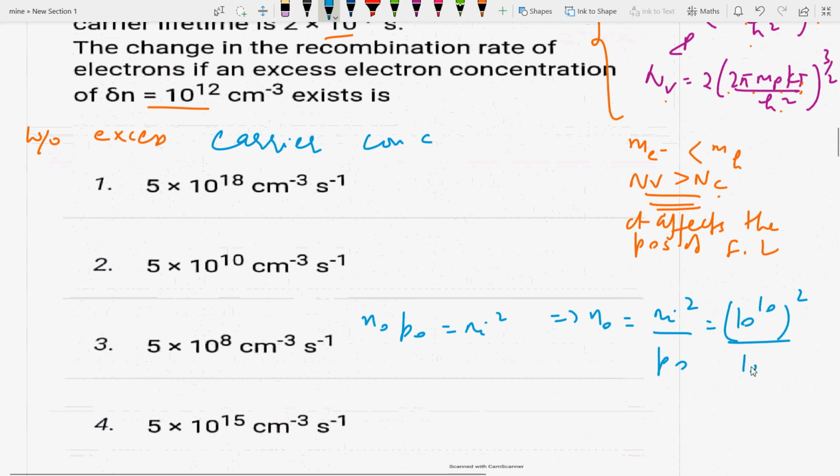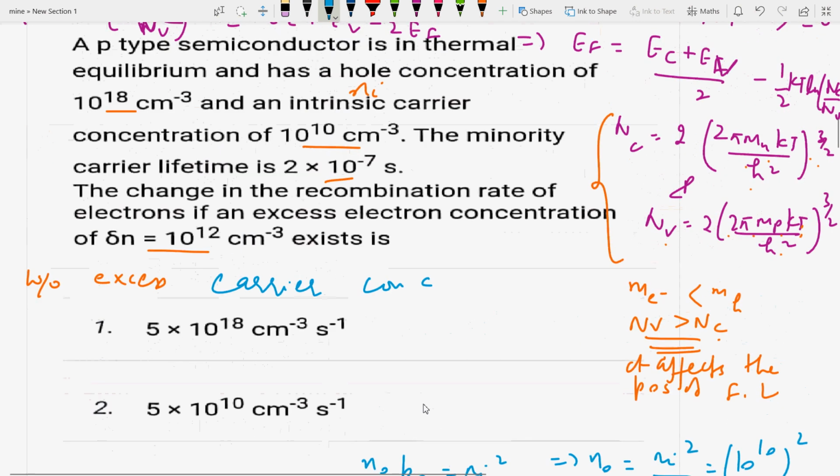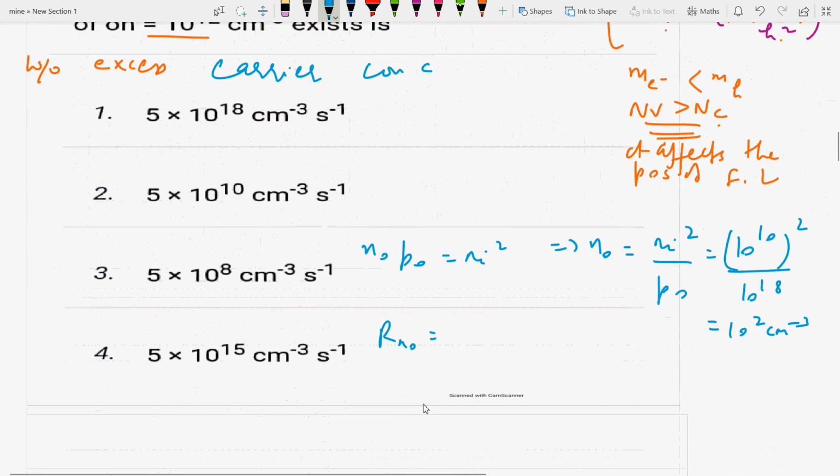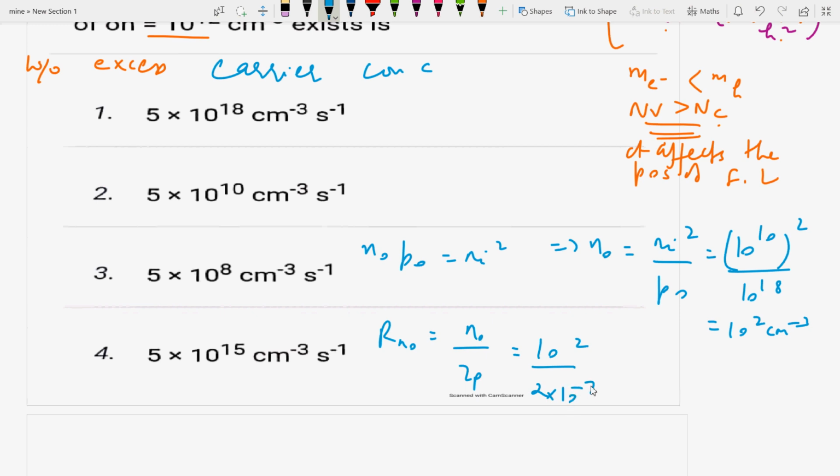So what you will get here is 10 square per centimeter cube. Now what you have is Rn0. Rn0 is equal to n0 upon the minority carrier lifetime, tau p. So this is equal to 10 square by the minority carrier lifetime, which is 2 into 10 to the power minus 7. So this will come out to be 5 into 10 to the power 8 per centimeter cube per second.